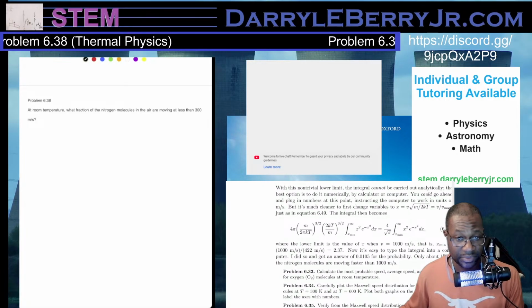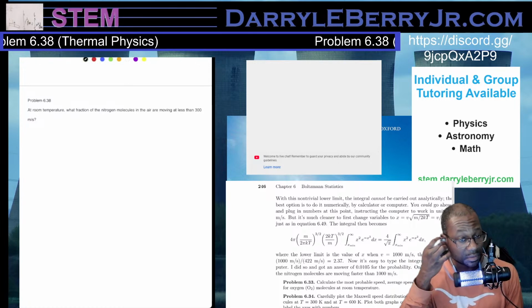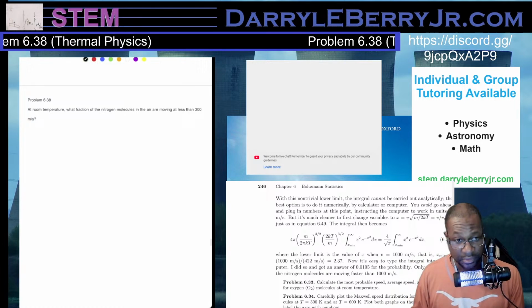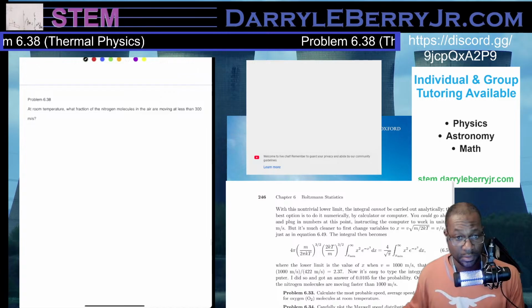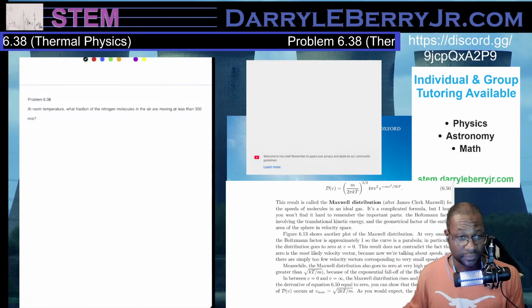Technically, I can just grab the equation they gave me here. I want to be smooth with it, but I'll go ahead and derive the thing for some practice.